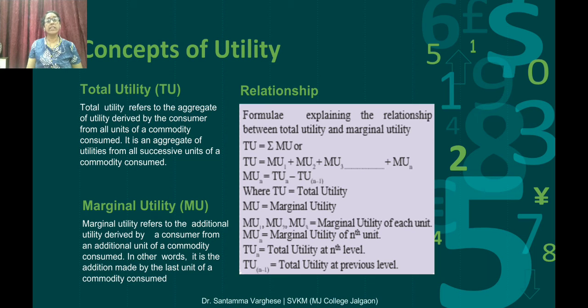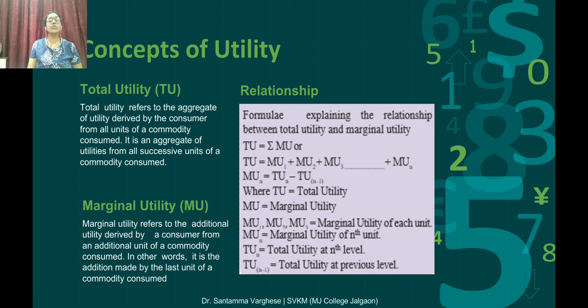When we study the concept of utility, we have to concentrate mainly on two utilities, that is total utility and marginal utility. What is total utility? In economics, we define it as the utility derived by the consumer from the units of a commodity consumed, the aggregate utility.